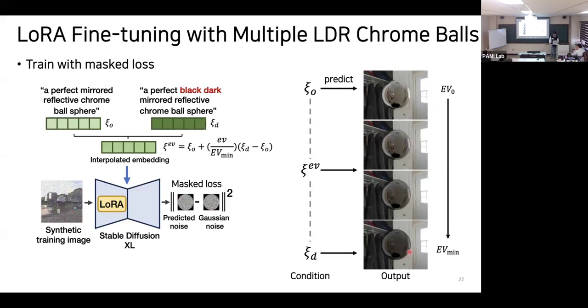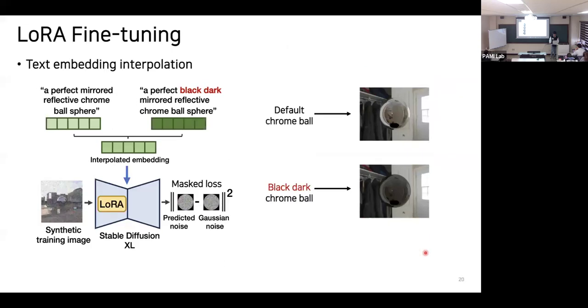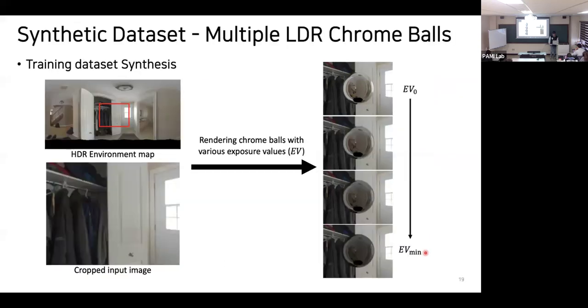Those white images are generated by the text to light model. So the text-to-light model only generates this HDR environment map. And they first crop the image of this panorama image like this. And they render these crumbles in different exposure values and put them in the center of the image.